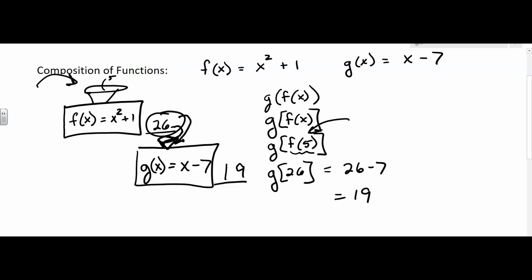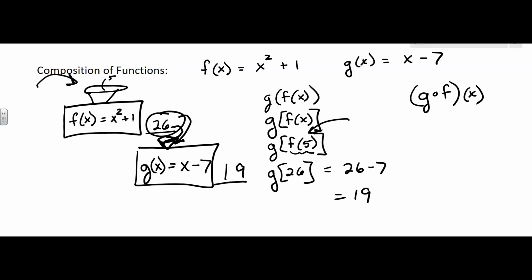Okay, the other notation is with a little circle. So we would say g compose f of x. So it's like a little round circle. So it's not the word of in this case, but it's g compose f of x.